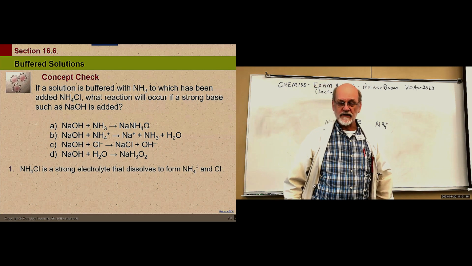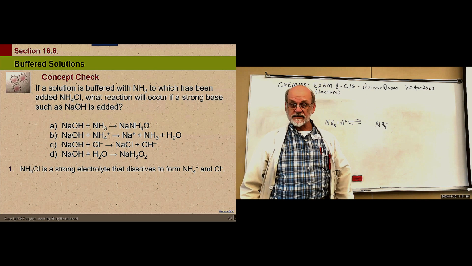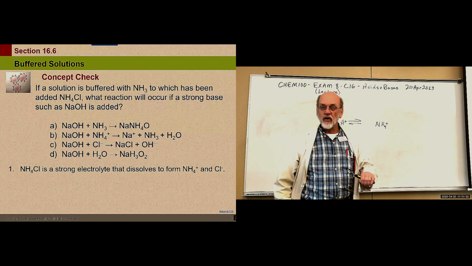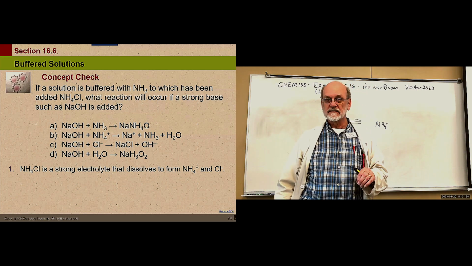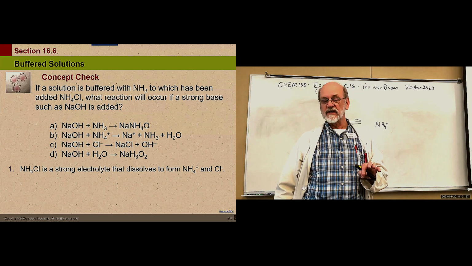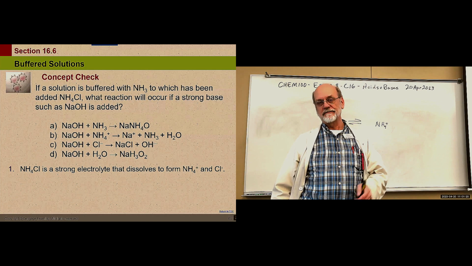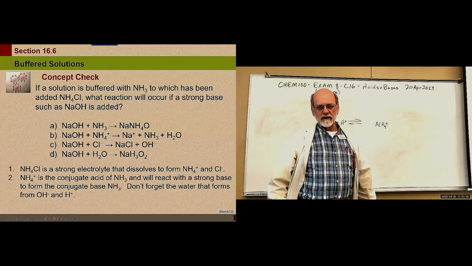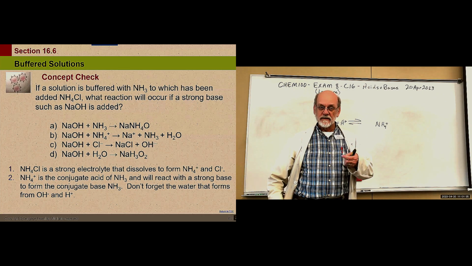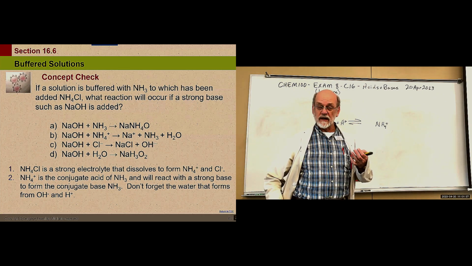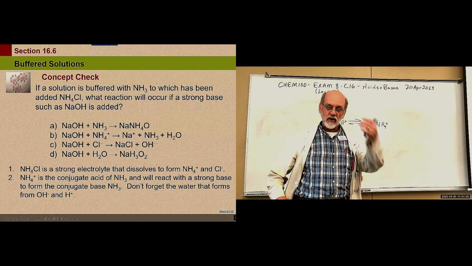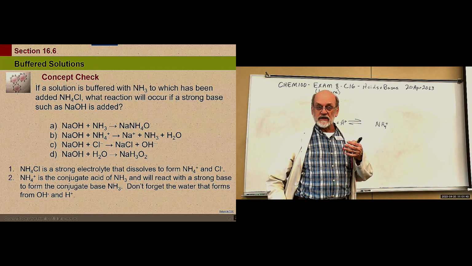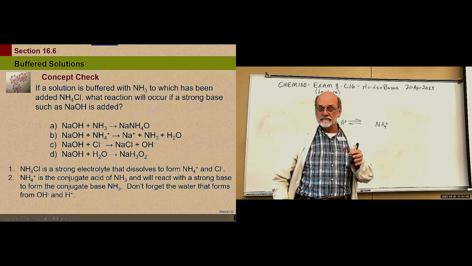So ammonium chloride is a strong electrolyte that dissolves to form ammonium. There you go. Chloride ion is a spectator, right? It's a very, very weak base. It's perfectly happy just like it is. So it's not going to do anything. Right? Ammonium is the conjugate acid of ammonia, and it will react with strong base to form the conjugate base ammonia.